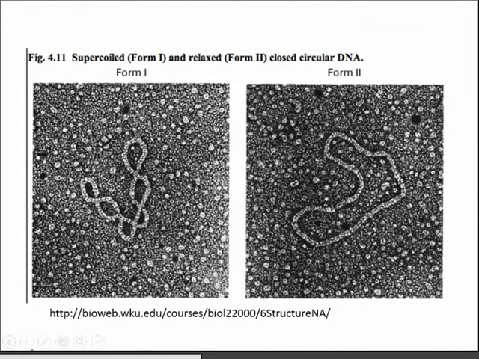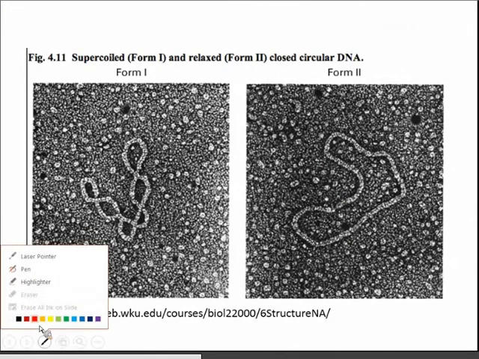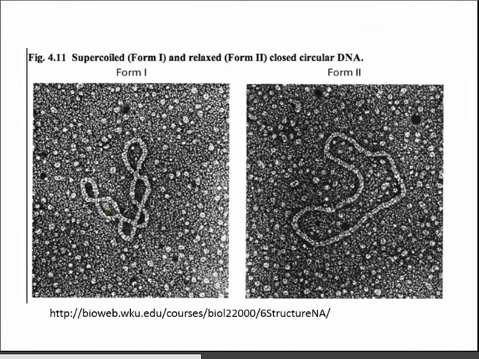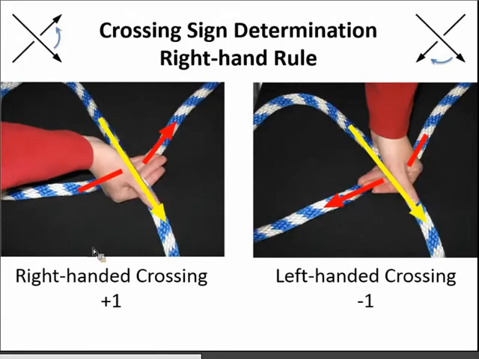So here we can see that we do have our supercoiled DNA, and we just want to calculate its writhe. Well, to calculate the writhe, it will depend upon the signed crossing. You can either use your right hand, go underneath with your fingers in the direction of the arrow.